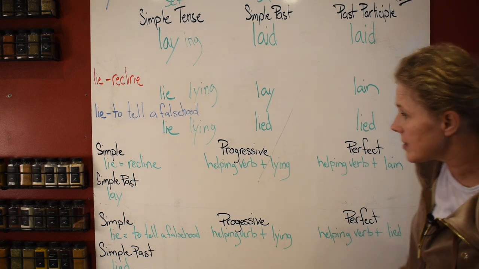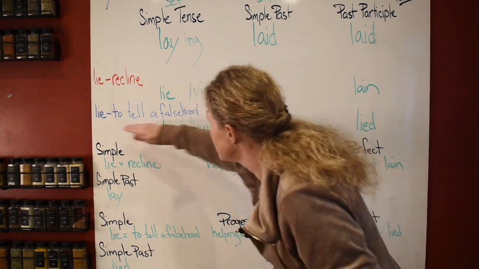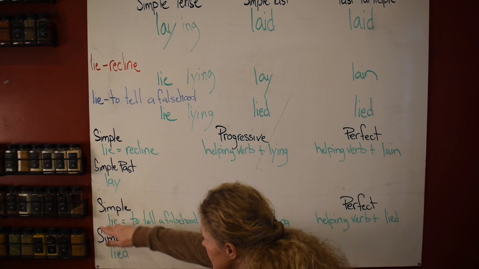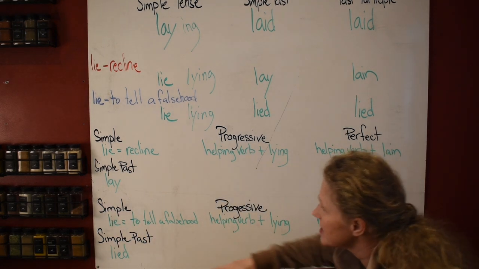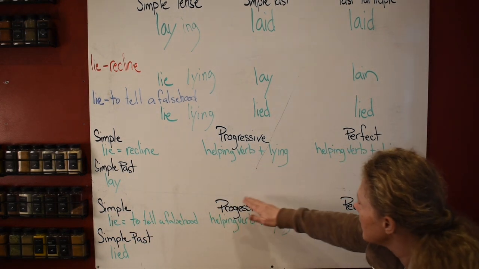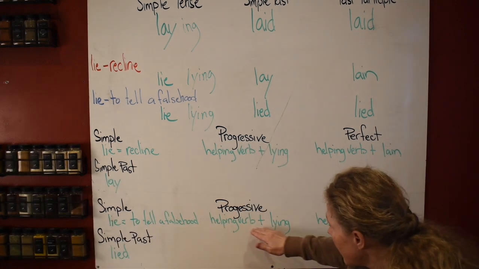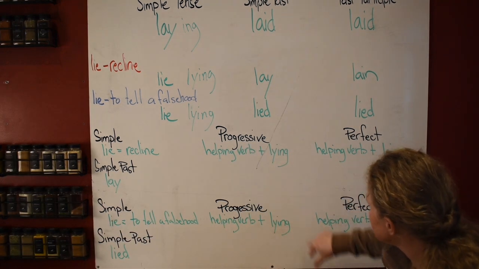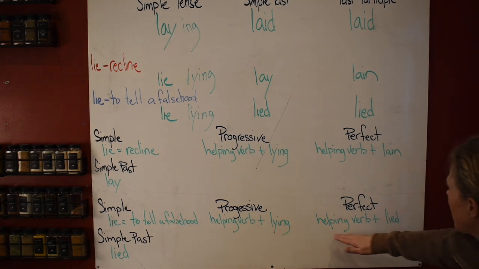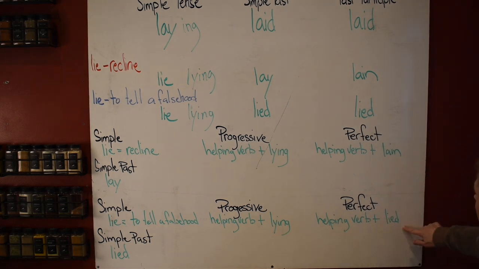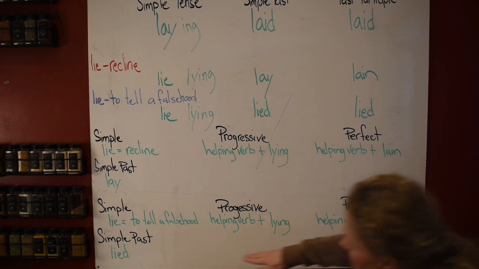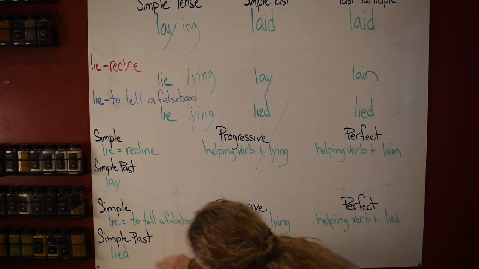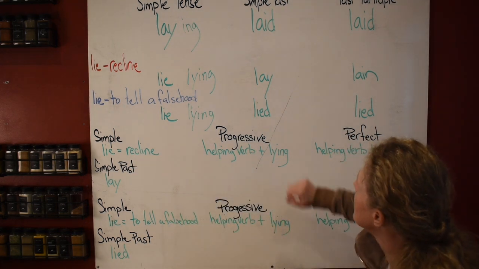But this lie that tells a falsehood is simple tense. To tell a falsehood, it's spelled the exact same way. But the progressive tense, helping verb plus lying, the exact same. But the perfect is the helping verb plus lied. This is lain, this is lied. Past tense, the simple past is laid, not lay.